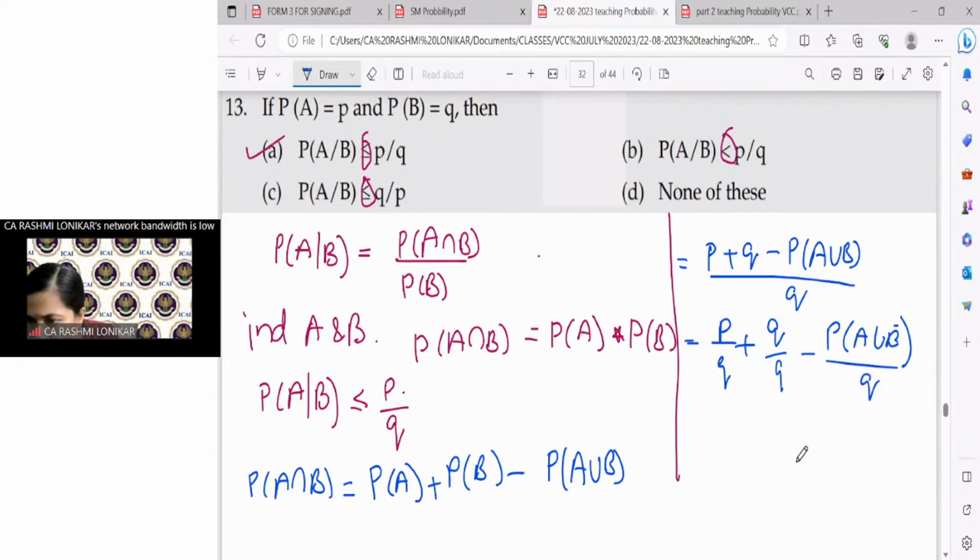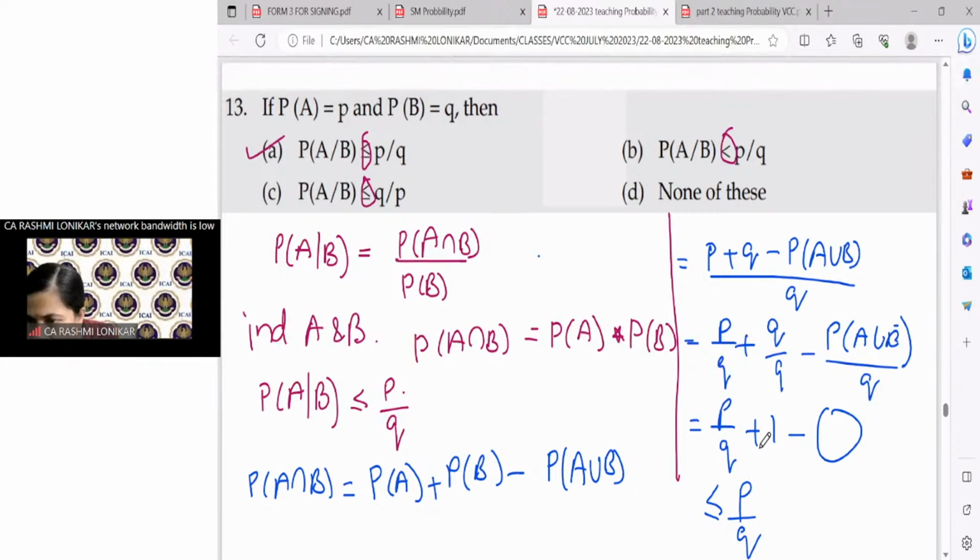So what can this fraction be? Maximum it can be 1. So you always know that in this case your answer will be less than or equal to P upon Q. What will happen when this number is equal to 1? Plus 1 minus 1, it becomes 0. So maximum value is P upon Q. If this fraction is less than 1, you will have something which is less than or equal to. Okay. So this is the maximum value that you can have.